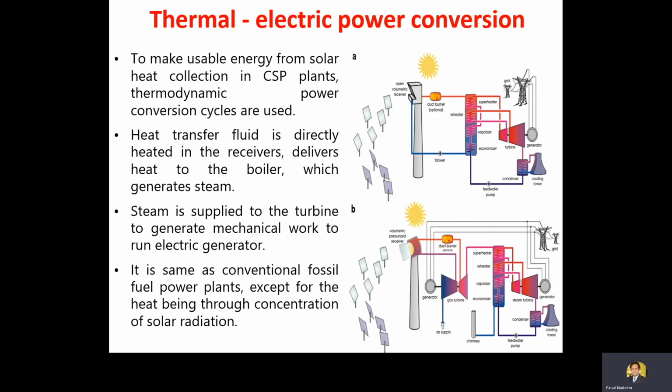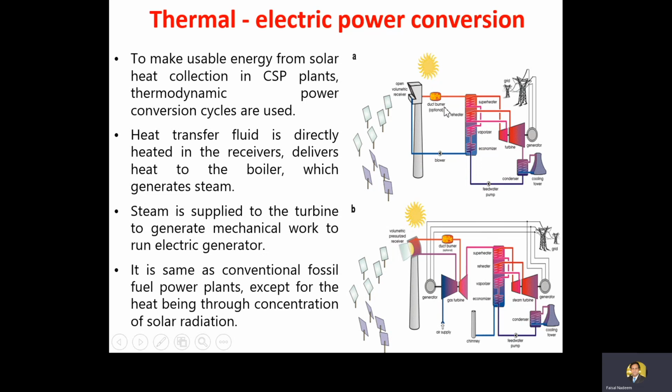Now, how does this thermal to electric power conversion take place in these central solar tower power plants? To make usable energy from solar heat collection in CSP plants, thermodynamic power conversion cycles are used. Heat transfer fluid is directly heated in receivers.